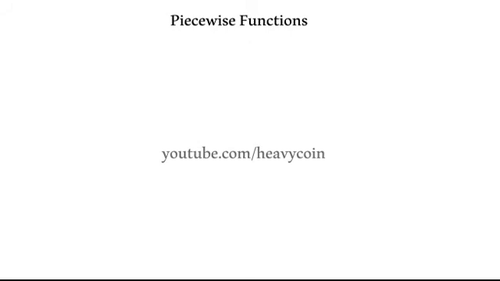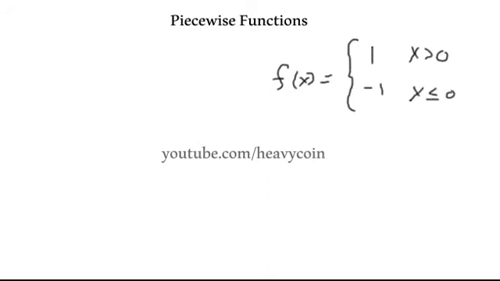All right, let's actually work an example now. I'm going to define my piecewise function f of x to be equal to, and this is how we would do it, put a big curly bracket here. The domain for this part of the function is x is greater than 0, and the domain would be x is less than or equal to 0 here.